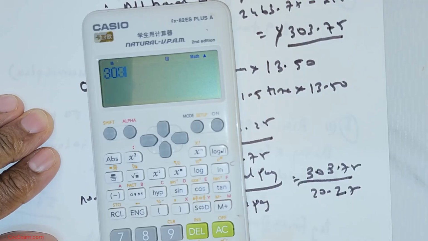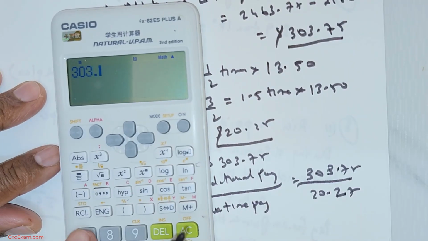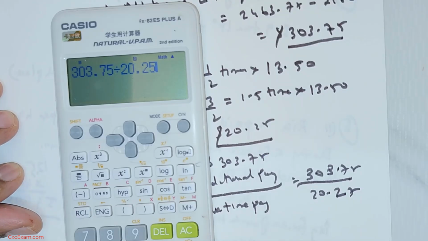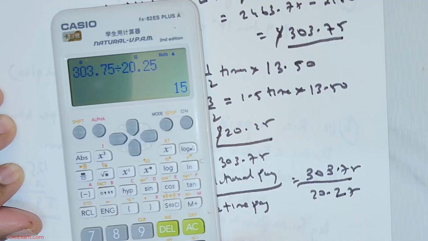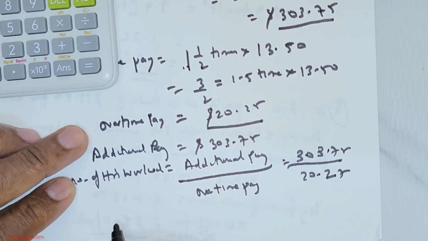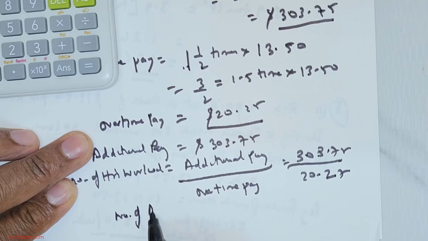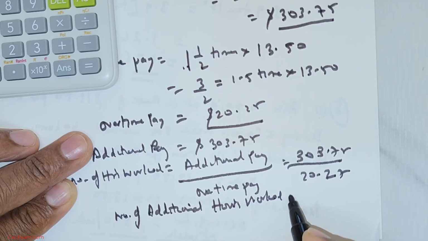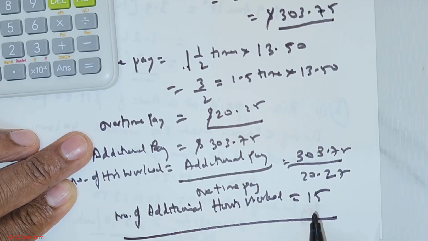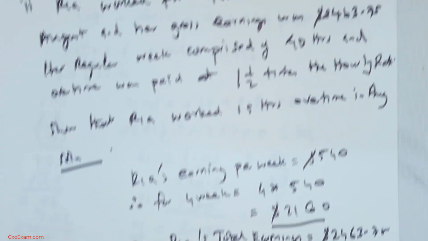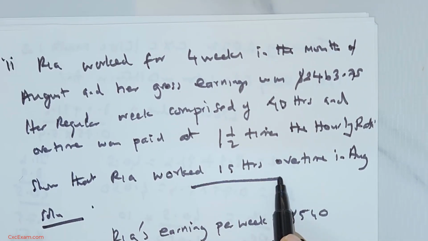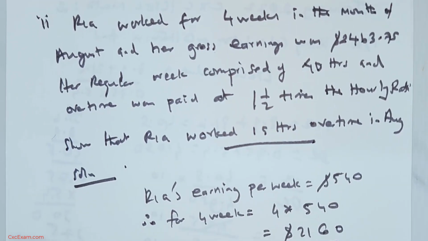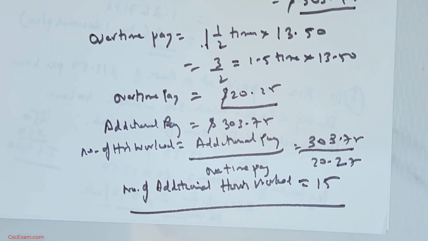So 303.75 divided by 20.25. Right, 15 hours. You see that? Number of additional hours worked is nothing but 15. So this is what they are asking us to show, that 15 hours is the overtime worked. So we have shown that.